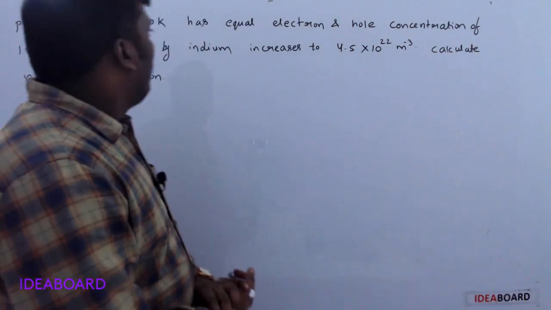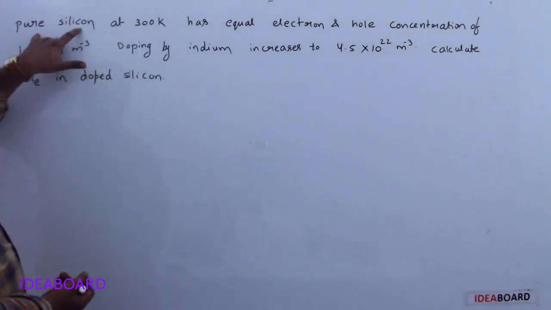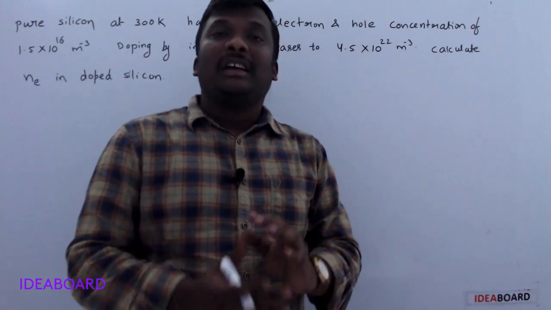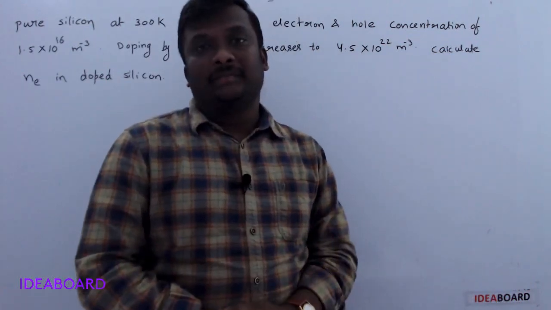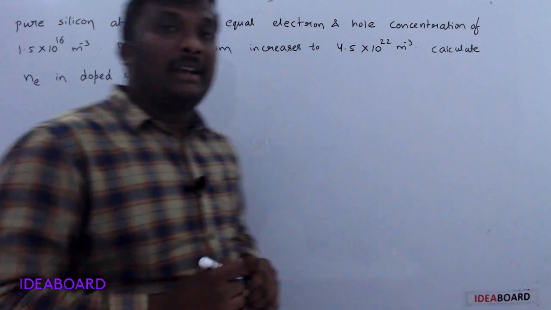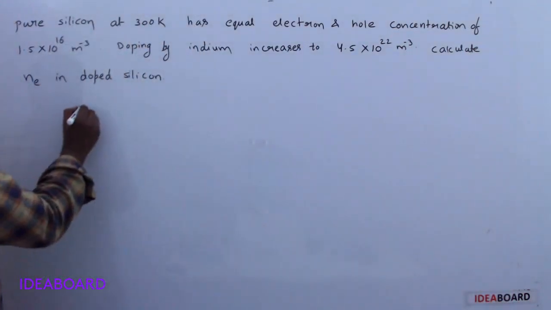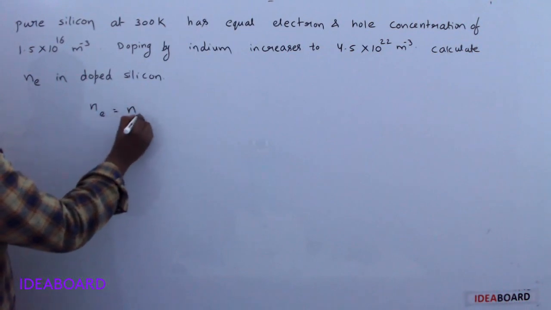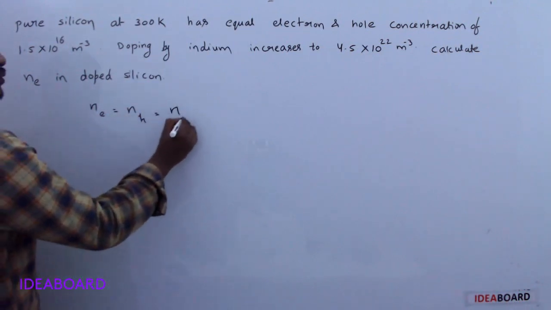Okay, so first of all, they take the pure silicon. Pure silicon means it is related to the intrinsic semiconductor. In an intrinsic semiconductor, we know Ne is equal to NH is equal to Ni.